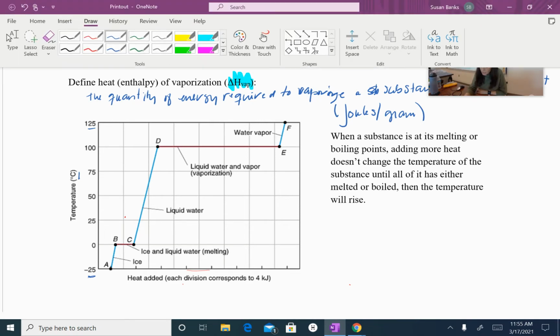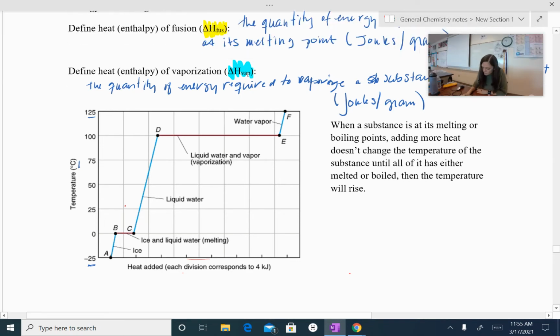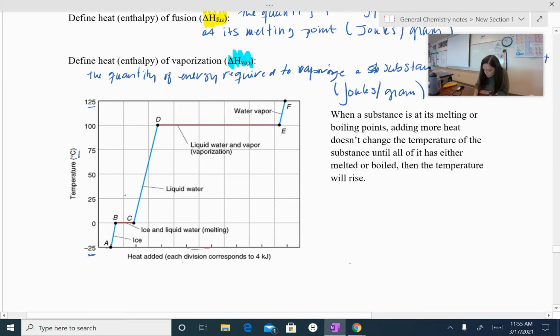So if we're here at negative 25 degrees at point A, we are at ice. So A to B, we are ice, solid water. Now notice each of these hatch marks along the x-axis is more energy, so we are putting energy in as we go from left to right across this chart.